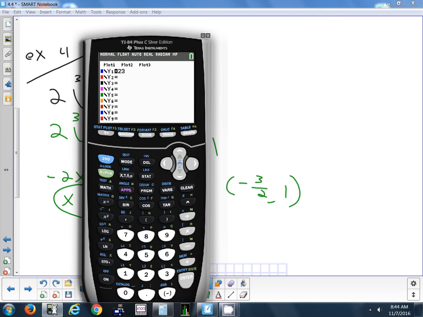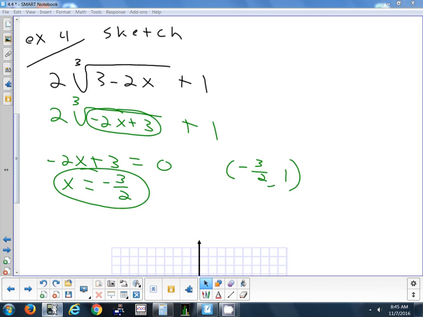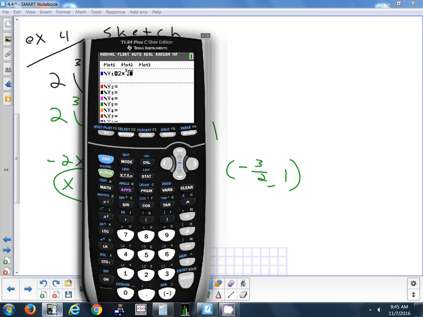All right, so you've got to put in 2 times. Now I can put in cube root of 3 minus 2x plus 1. Minus 2x, and just make sure the plus 1 is on the outside.